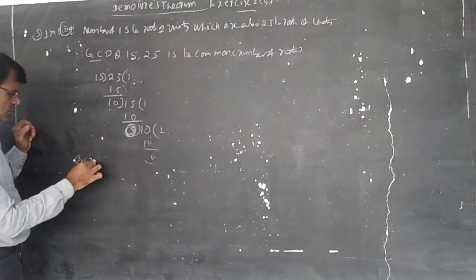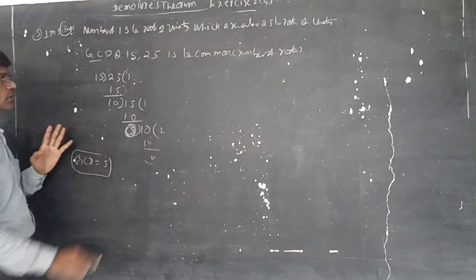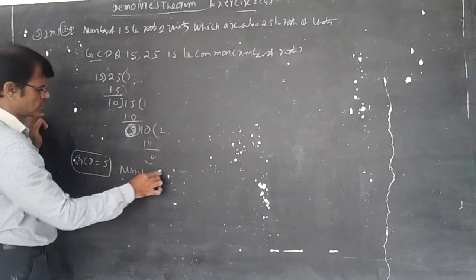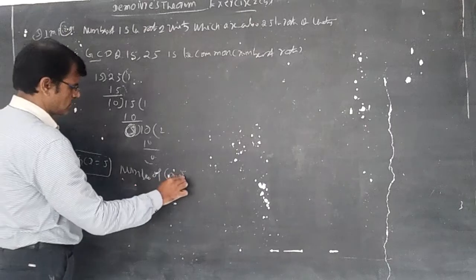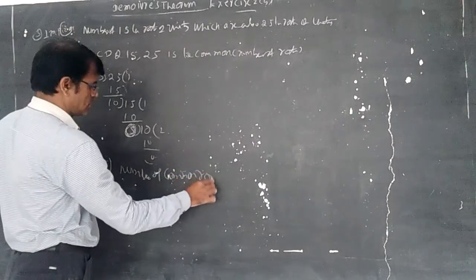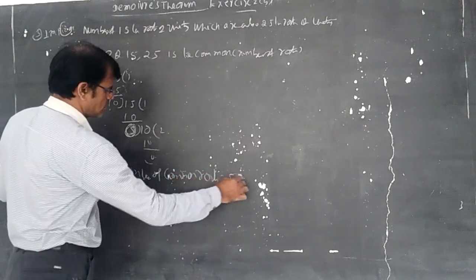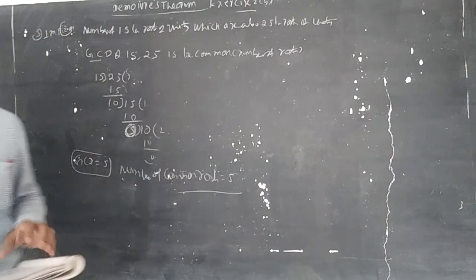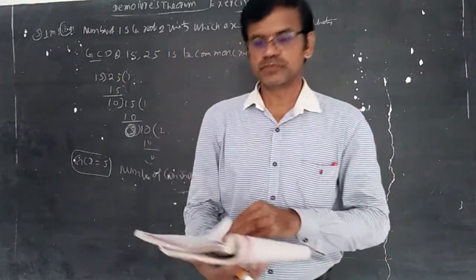So GCD is equal to 5. That's all. So the number of common roots of 15th roots of unity and 25th roots of unity is 5.